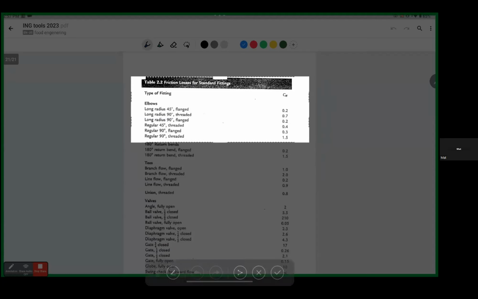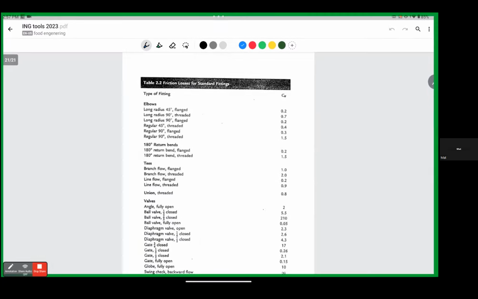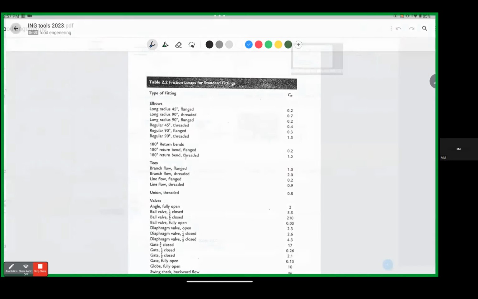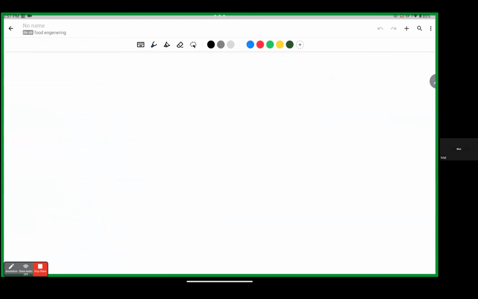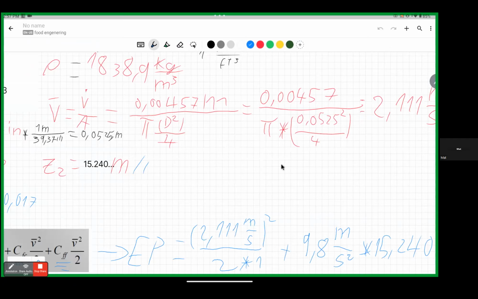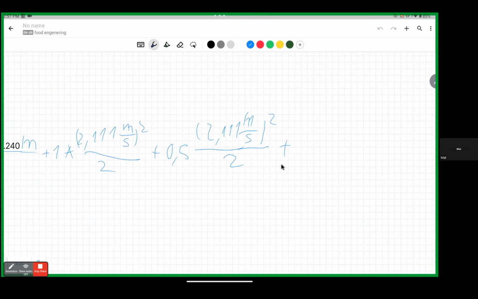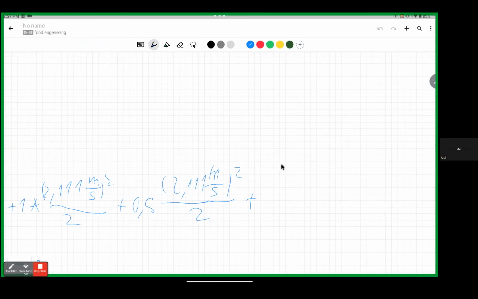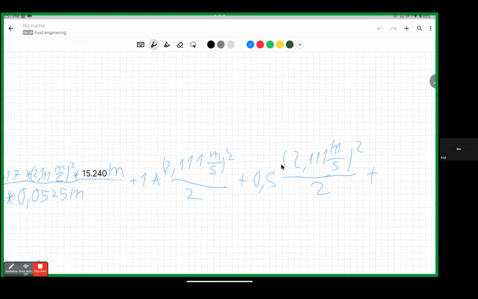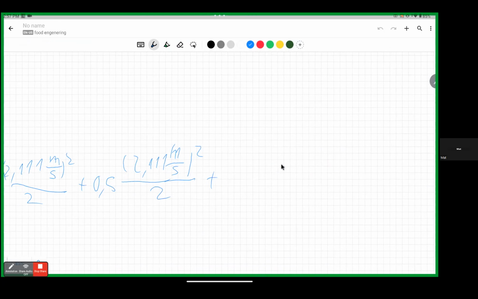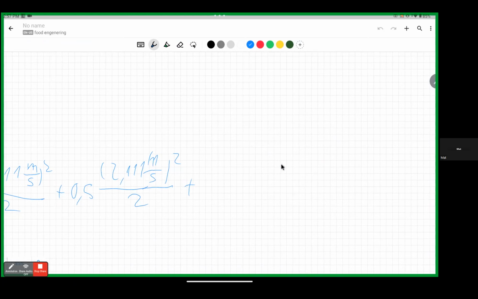In this case, I will just use the elbows. Okay. And later coming here, we are getting the 0.5. Okay. And we are doing the equations again and again and again.